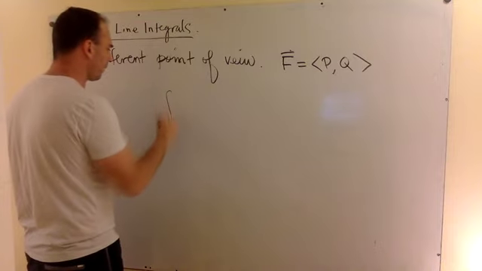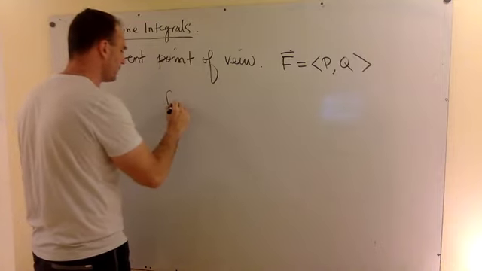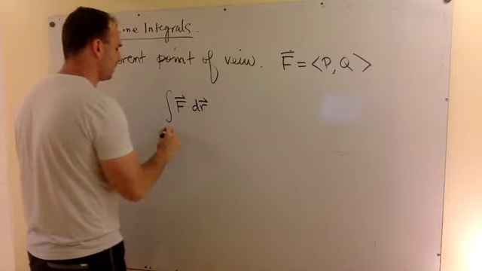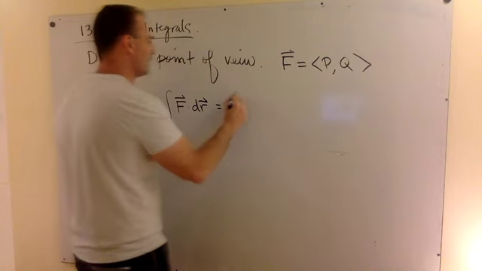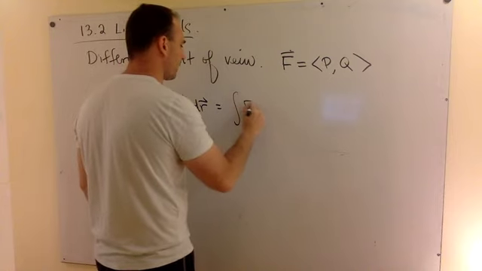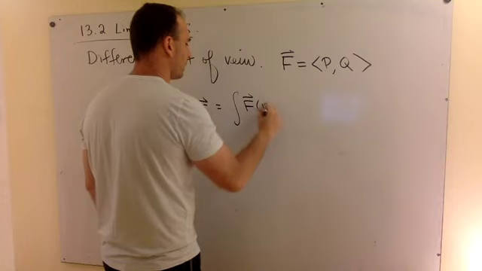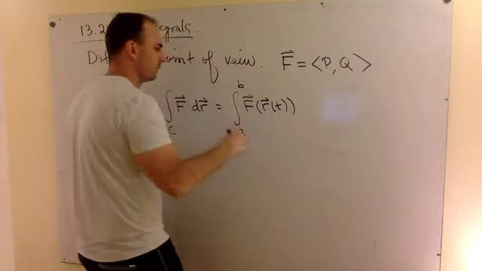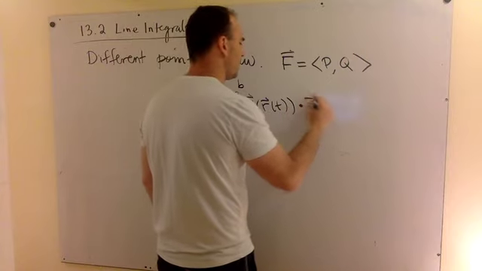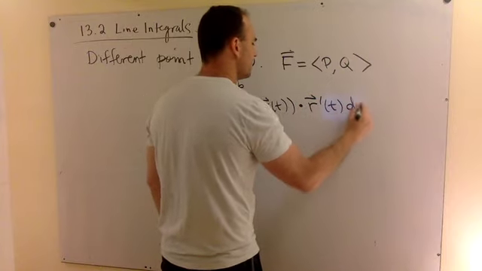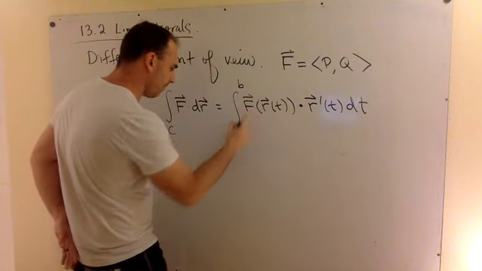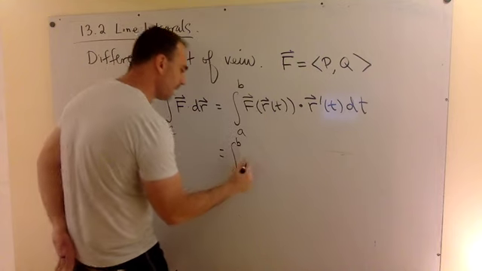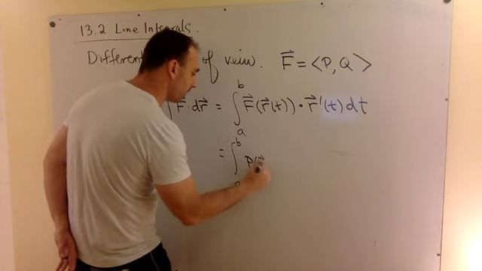Well, if I look at what this is, I'm going to plug in R. I take whatever parameterization I have, and then I dot it with R prime of t dt. Well, this right here is P of R of t.